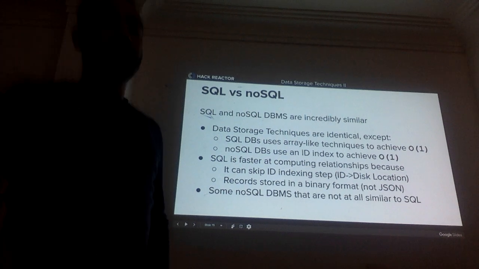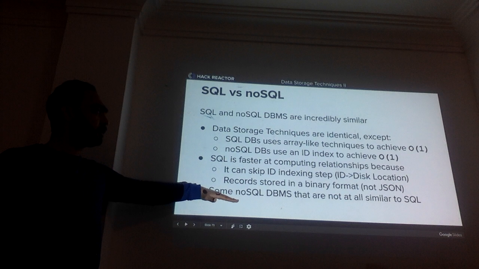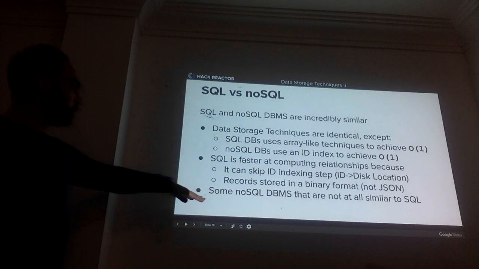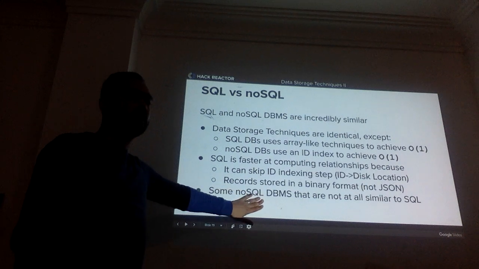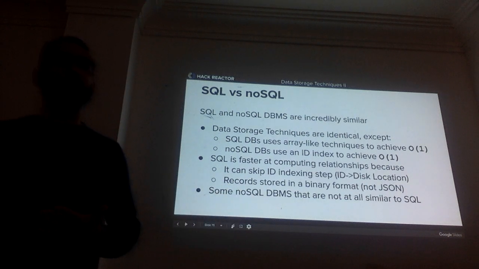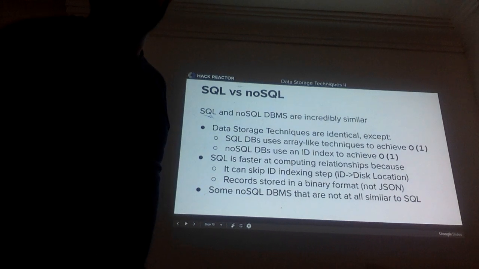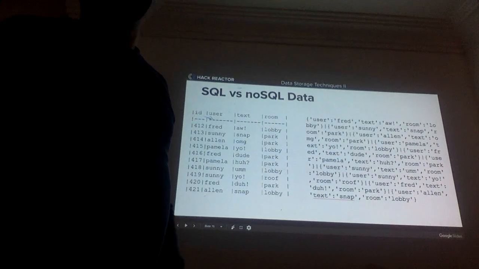It has headers. Some NoSQL databases are not at all similar to SQL. Maybe you'll see some similarity, but some of them are completely different. They implement things in different ways.